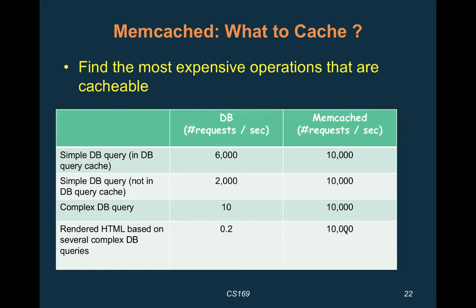But then once I put it into Memcached, it's instantaneous. Okay? Because notice the cache doesn't care about how complex the computation is. So you have to be smart. If your application is really a toy, all it does is simple queries, you may not see a difference from Memcached. But once you start doing complex stuff, that's when you see it.